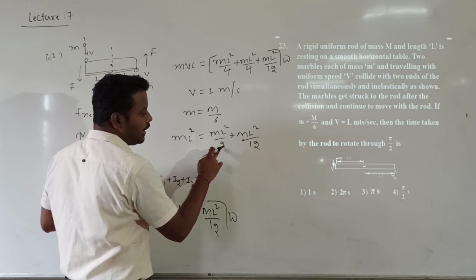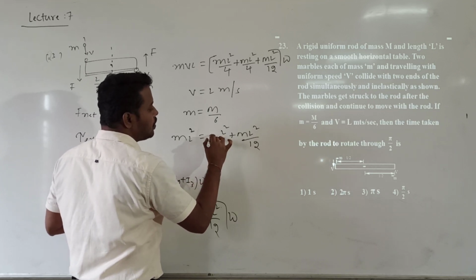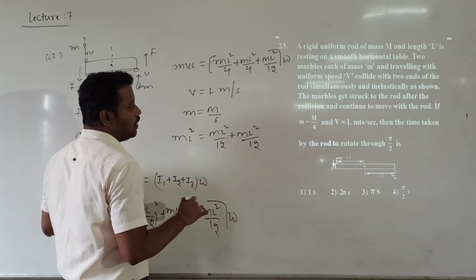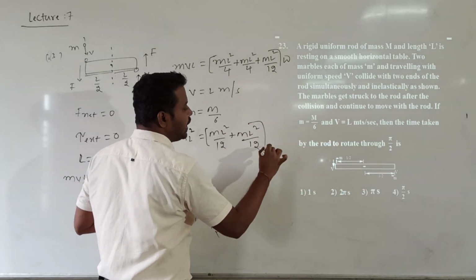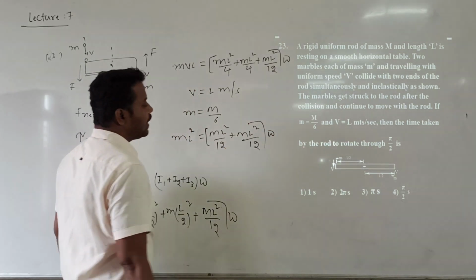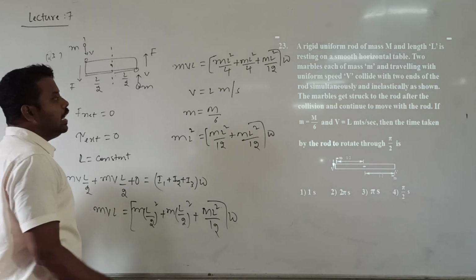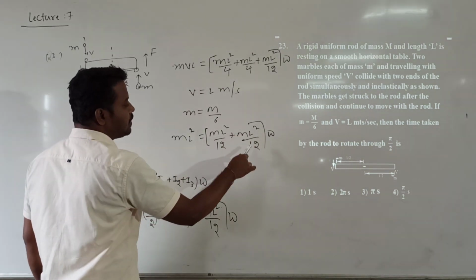If I write capital M by 6, what will I get? So ML square by 12 into the value of omega. Correct? Which is ML square by 12 plus ML square by 12.